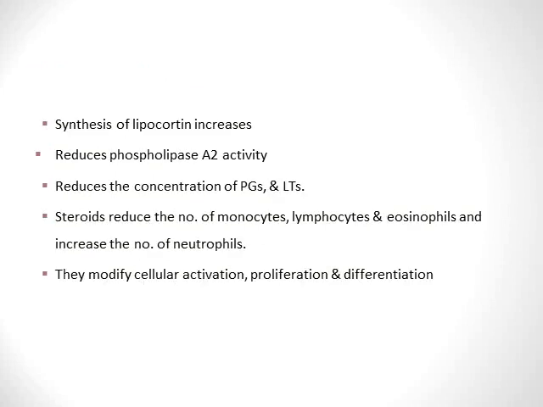Synthesis of lipocortin increases, which reduces phospholipase A2 activity and the concentration of prostaglandins and leukotrienes. They reduce the number of monocytes, lymphocytes, and eosinophils, whereas they increase the number of neutrophils. They modify cellular activation, proliferation, and differentiation. In the end, immunity is suppressed and pro-inflammatory cytokines are decreased.